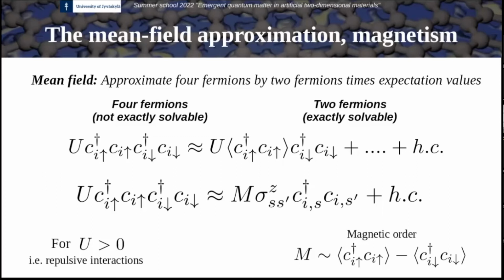And if throughout the self-consistent procedure, you get a difference that is non-zero, so you get a finite magnetization, then you know that you have a magnetic system. And in particular, if you take an electronic structure, for example, at half filling with very large U, what you actually get is that you have a self-consistent solution that has a finite magnetic order.